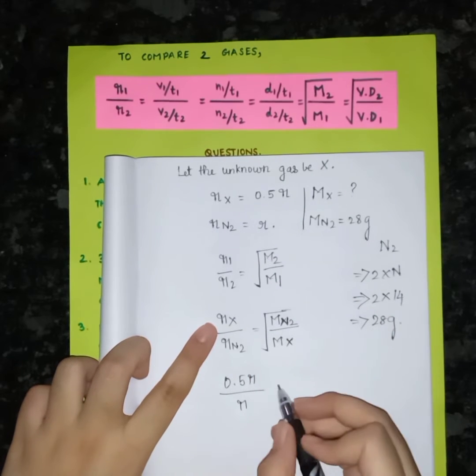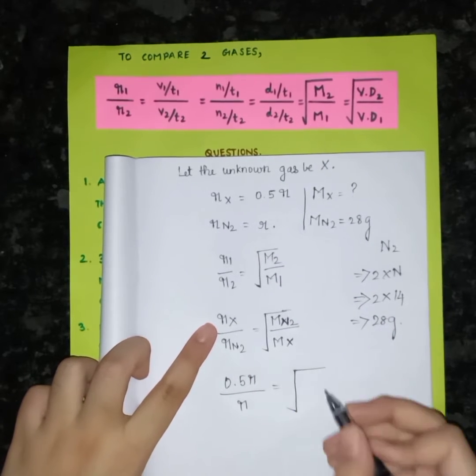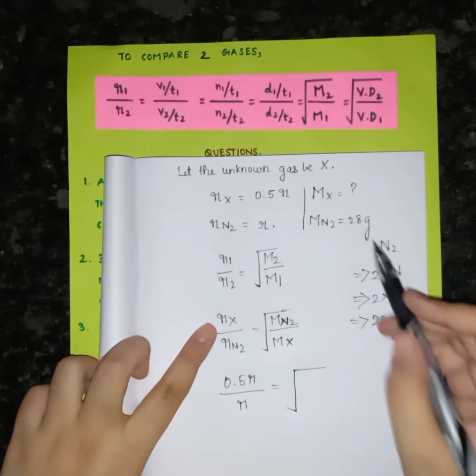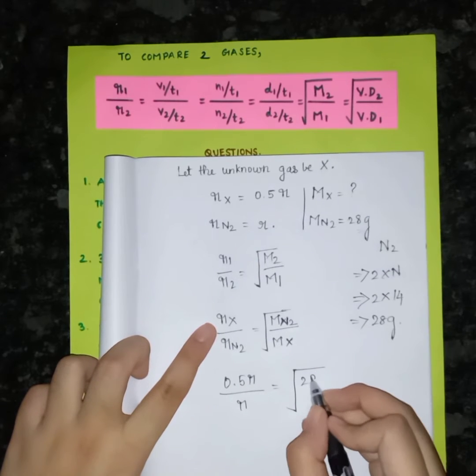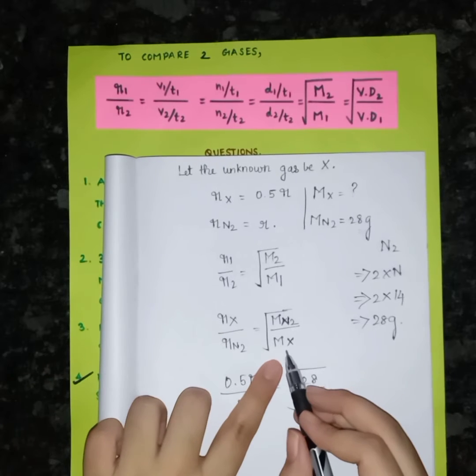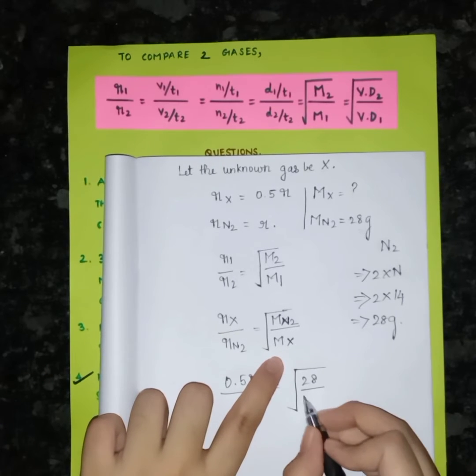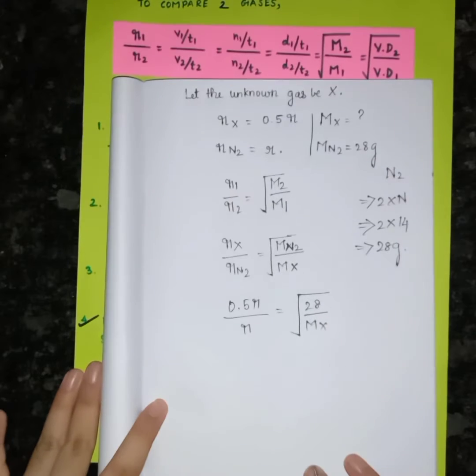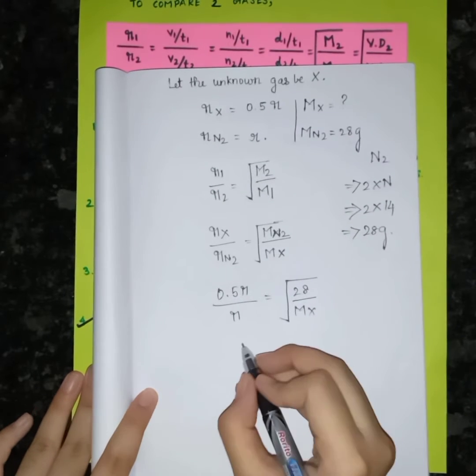It is R, which is equal to root. What is the molecular weight of N2? It is 28 grams. 28. We have to find the molecular weight of the X gas. Now we have to square on both the sides.